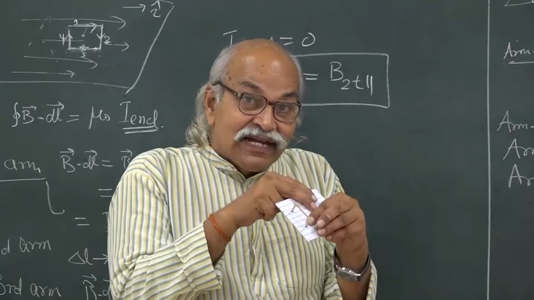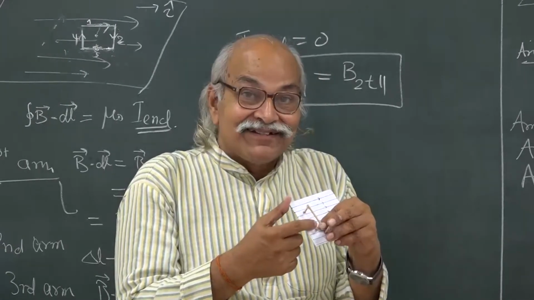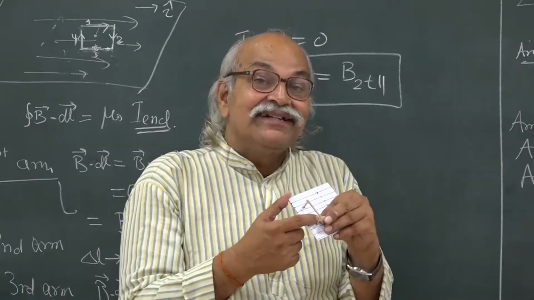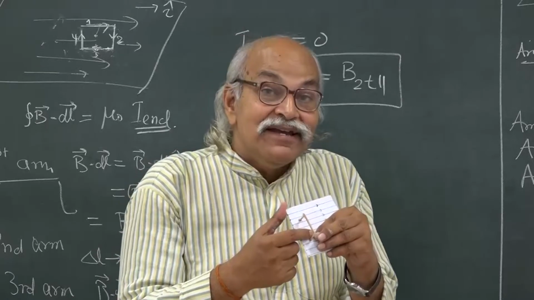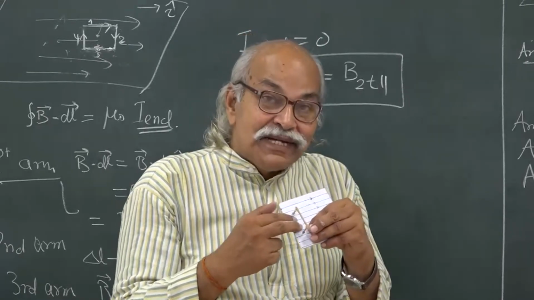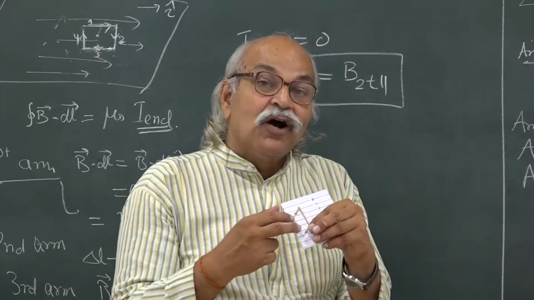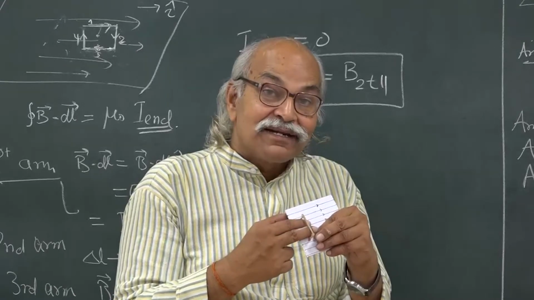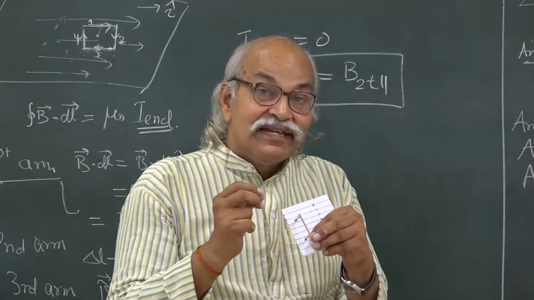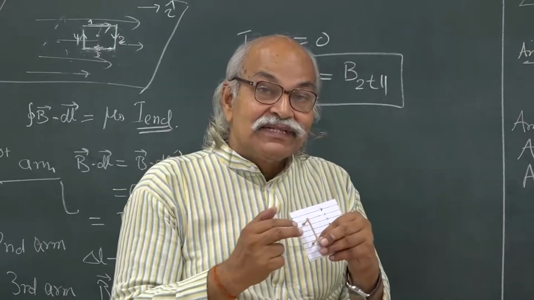And how much will be that? That will be K times delta L. K is the surface current density, and that is how we define current density. If you have a surface current, then perpendicular to the current you draw a line and then ask how much is the current going through that line, then divide by the length, and that is how we define K. So, the current which is going is K times dl.